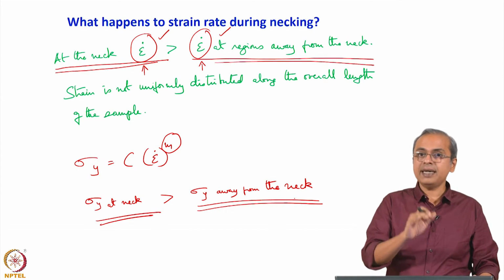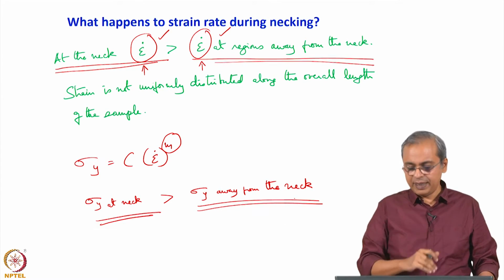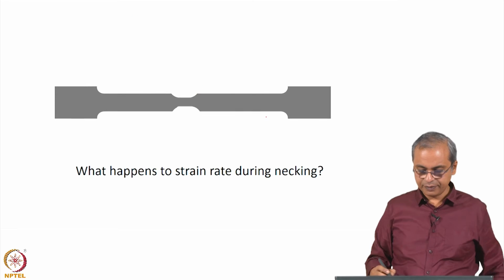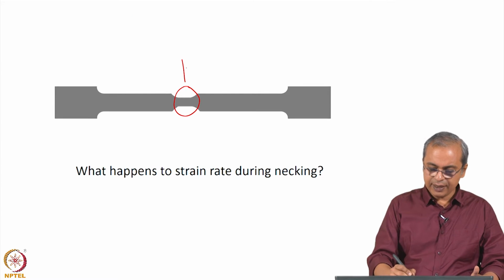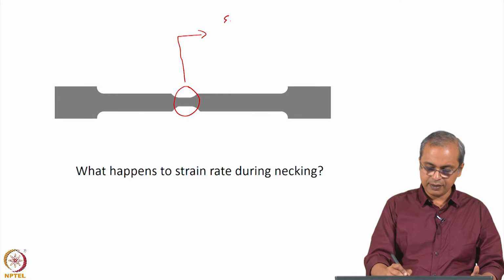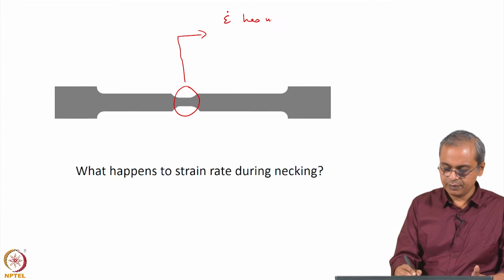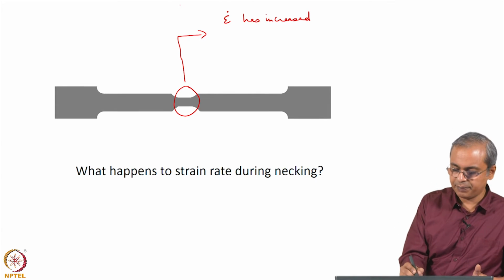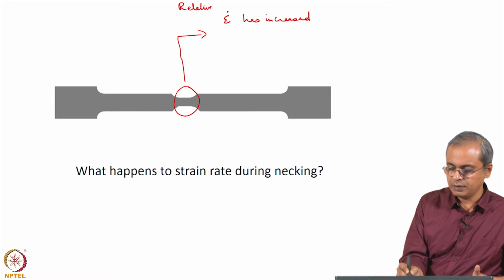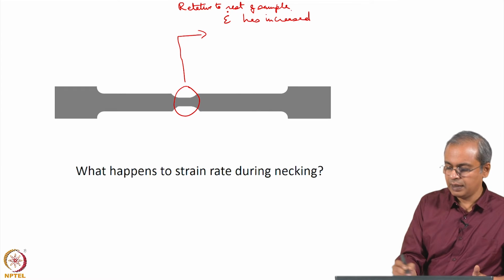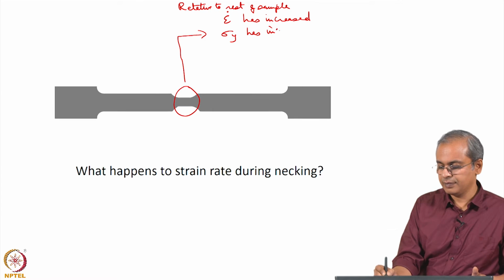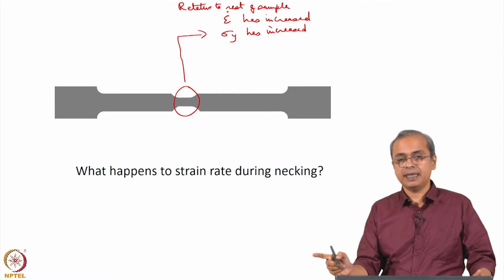Now, when the strain rate sensitivity index is high, what is happening is that once the neck forms here, for example, epsilon dot has increased relative to the rest of the sample, therefore sigma y has increased, again relative to the rest of the sample, right.